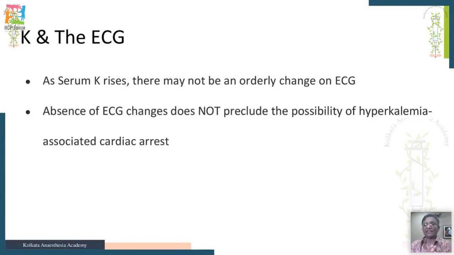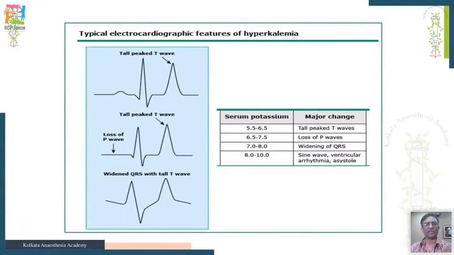There are two disturbing things here: the ECG changes are not always orderly, that is, at 7 I see this, at 8 I see this, as classically taught in textbooks. And you might have no changes but a sudden cardiac arrest with hyperkalemia is also reported. So just be careful about this.